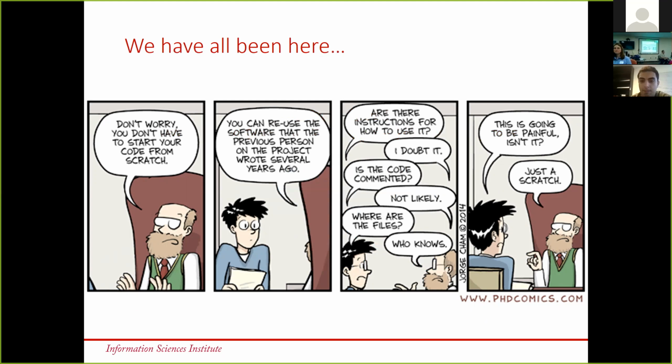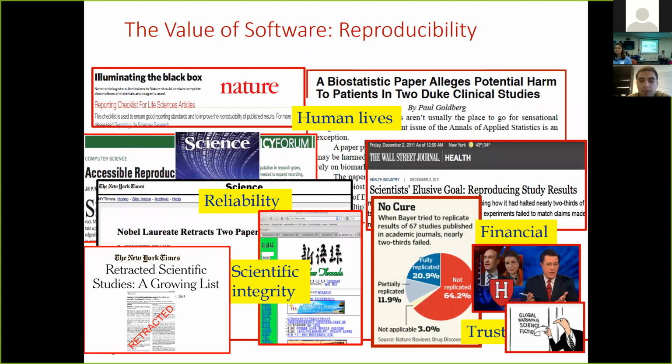And this is a pity because what we find is that there are a lot of projects where national agencies spend a lot of money investing in research that then has to be redone because the software itself or the data is not available, right? And this also has other implications.